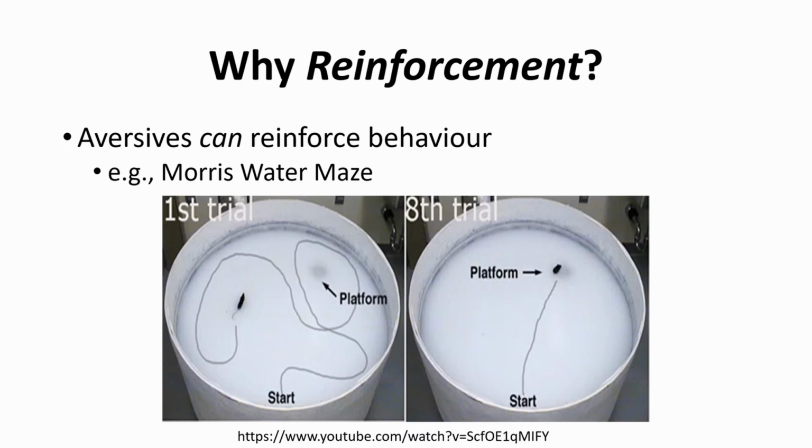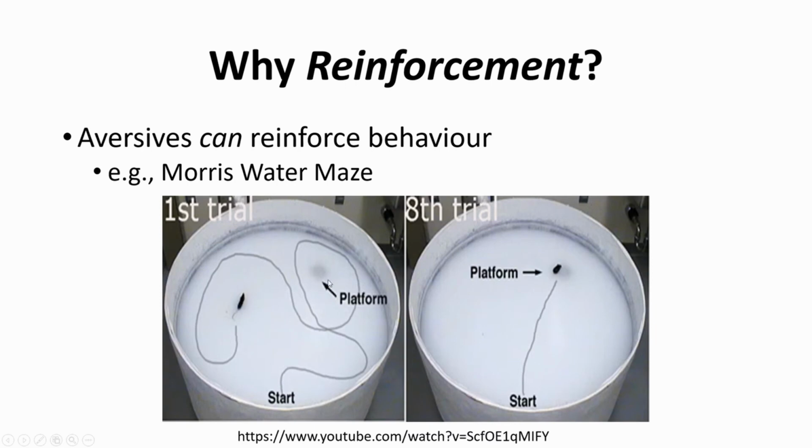I did mention previously that we can have things like negative reinforcement, where aversives, things that are not reinforcers, can end up reinforcing behavior, so escape behaviors. A primary example of that would be a Morris water maze, where mice and rats can swim, but they really dislike it.